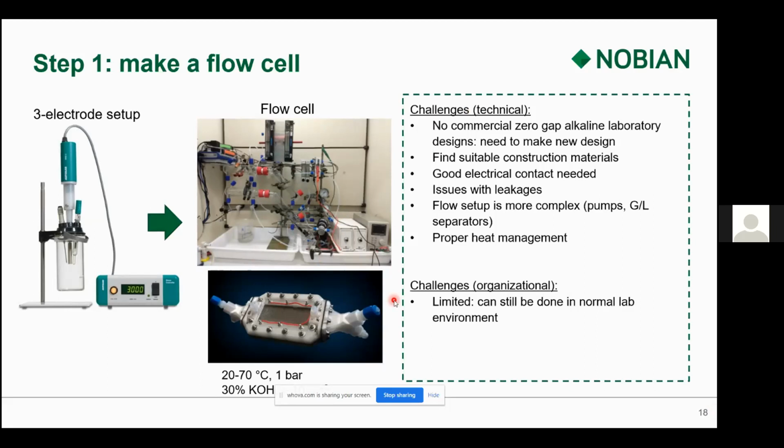And that means you have to think about good electrical contact, and issues with leakages. You have to start thinking about heat management. Is the temperature at which the flow goes into the electrolyzer the same as the temperature going out of the electrolyzer? These are things you have to take into account. It's always more complex than you think.